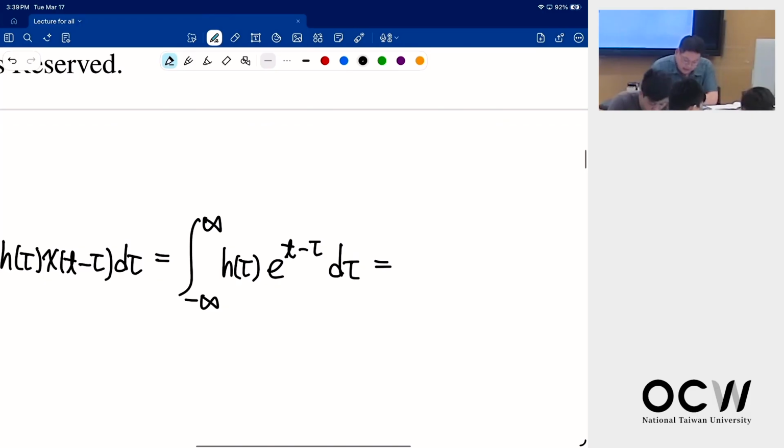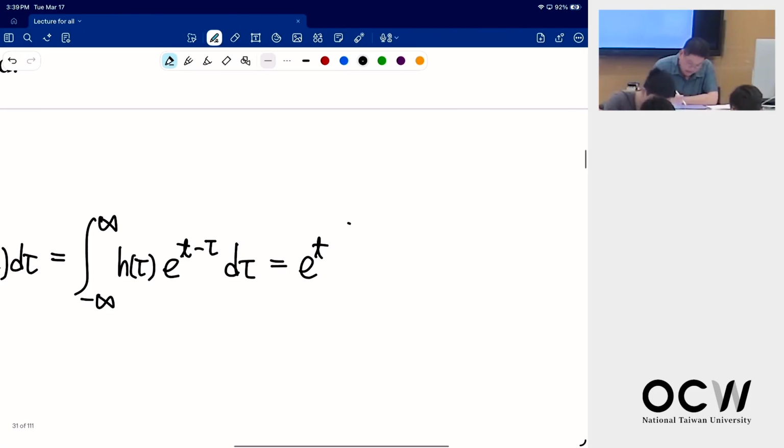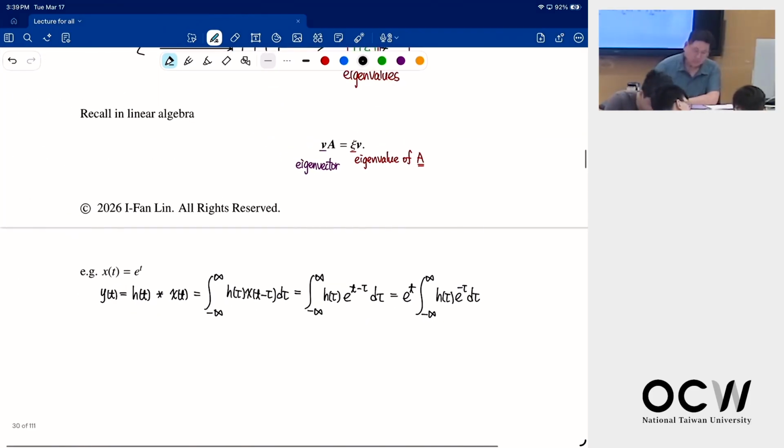The dummy variable is tau, so I can put e to the t outside, and then the integration of h tau e to the minus tau d tau. This is your output.